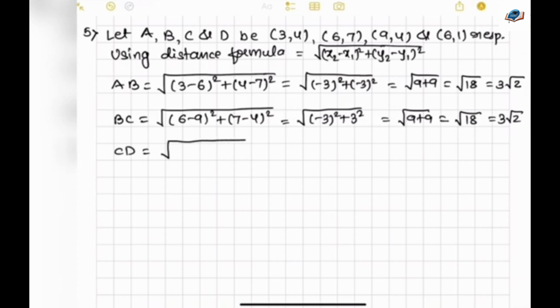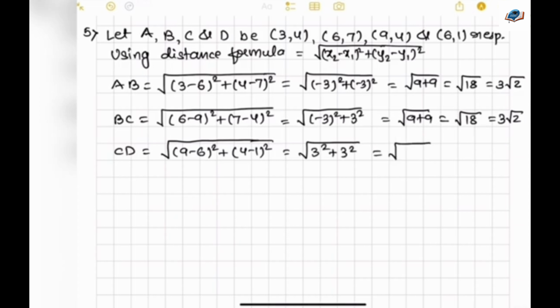Now CD. So CD is 9 minus 6 whole square plus 4 minus 1 whole square.